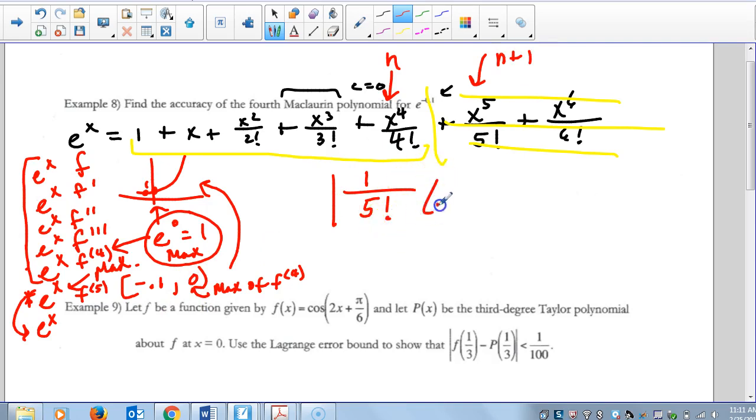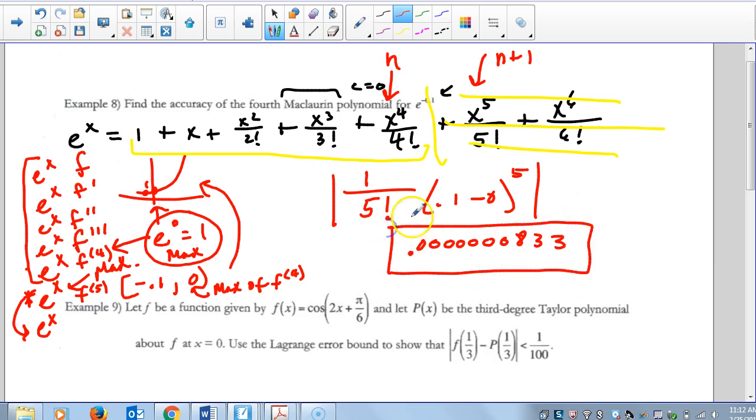Then I've got 0.1 minus 0 to the fifth power. Figure that out, you get 0.1, 2, 3, 4, 5, 6, 7 zeros, and then you get an 833. So the error is within that much of the real sum.